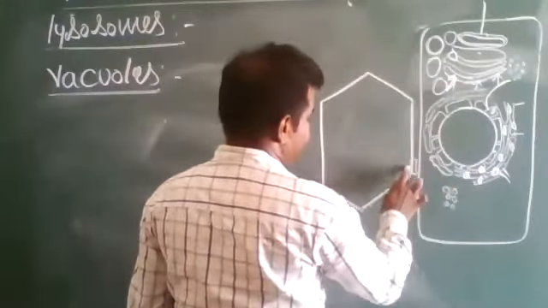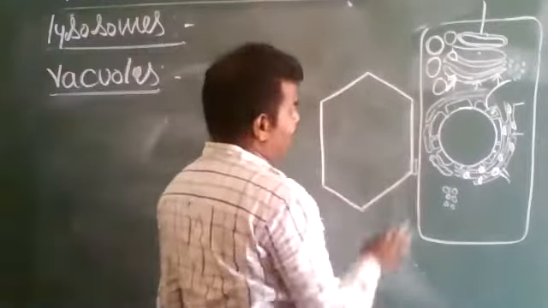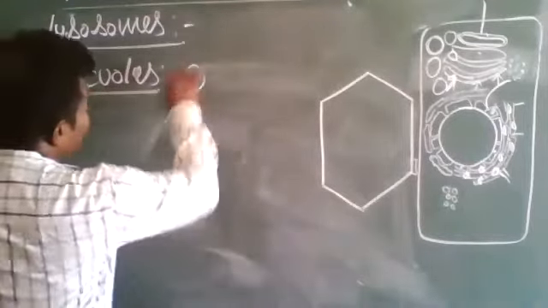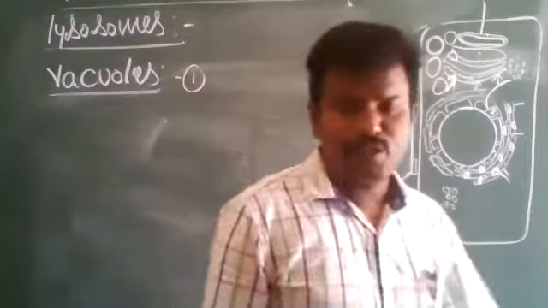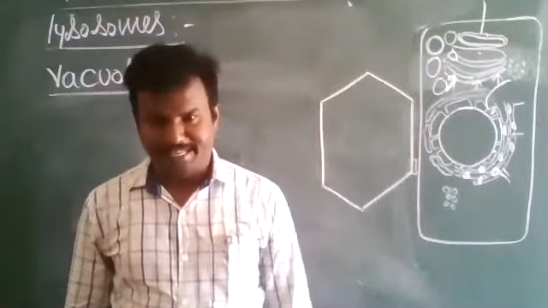So this is the plant cell. In the plant cell, vacuoles are present. Okay, that is the first statement. The vacuoles are located in the eukaryotic plant cells of cytoplasmic material.